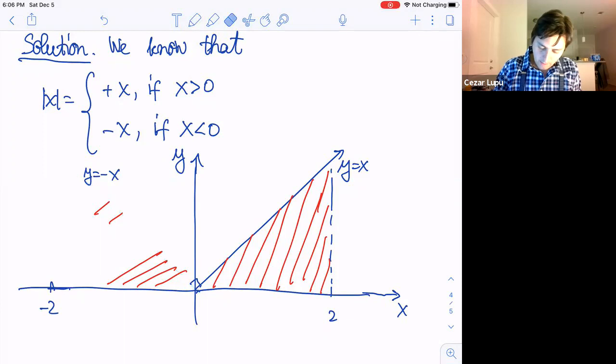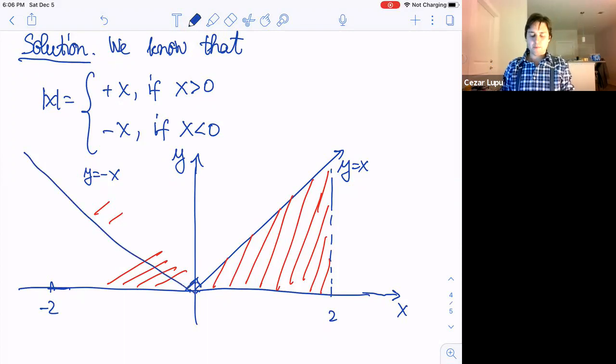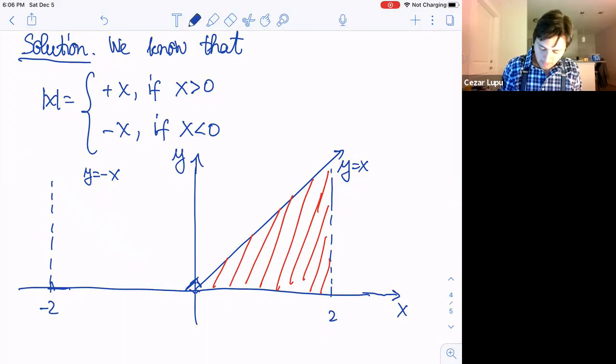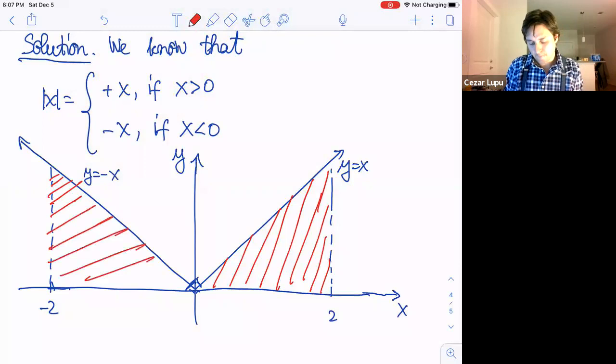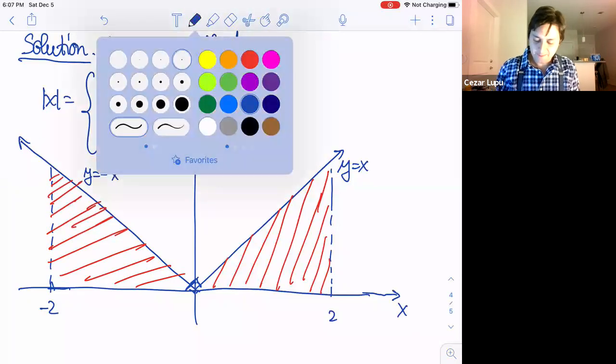The graph keeps going. These two are perpendicular and it will go like this. And now at this point, they look kind of similar. As you see, they're symmetric, and you can guess that something happens to the area.